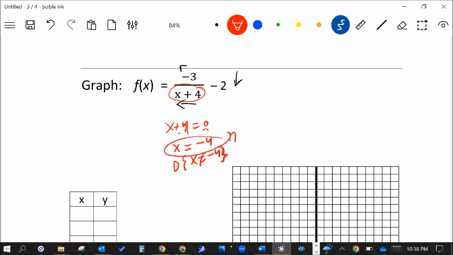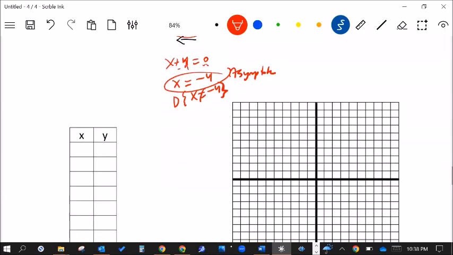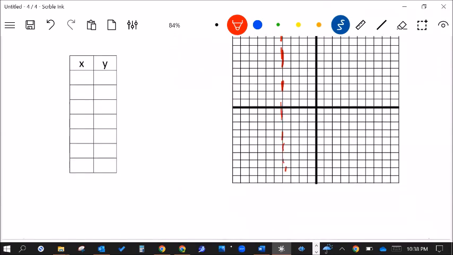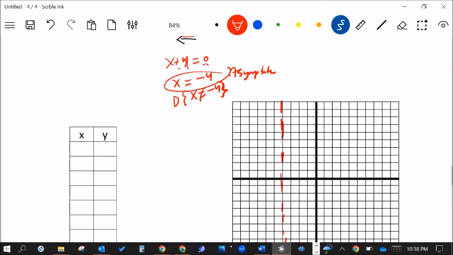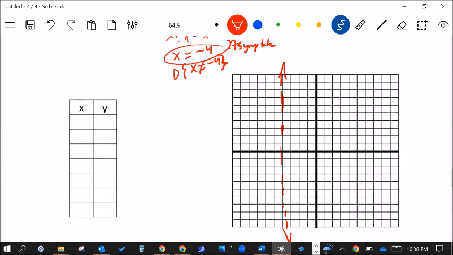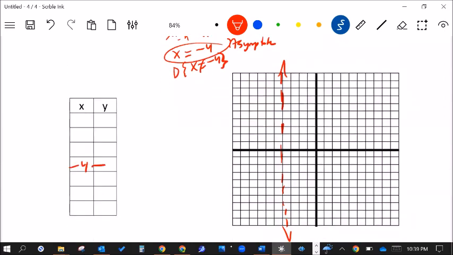But for the asymptote, let's go to where it's -4 and draw a dashed line here. The curves of the graph cannot touch that. And let's put that -4 in the middle.